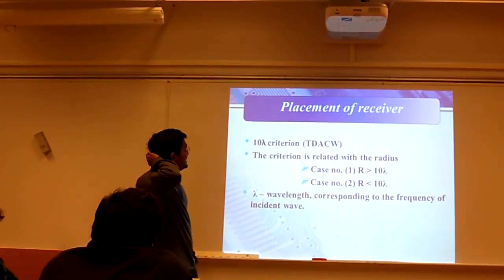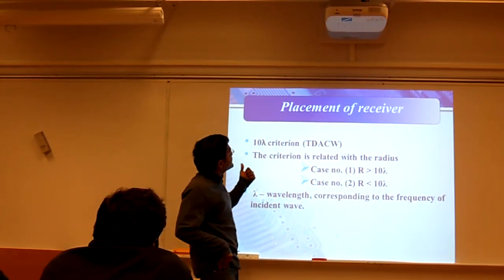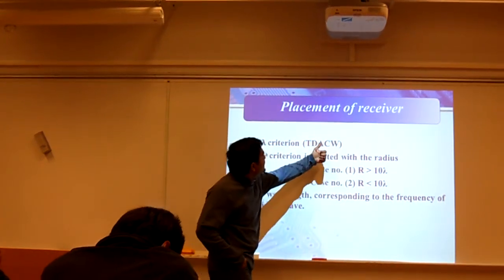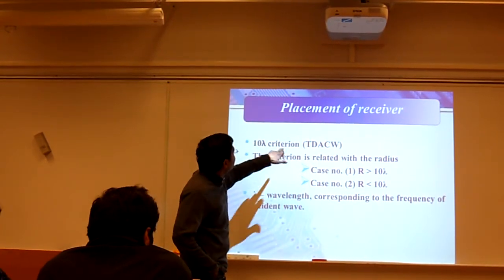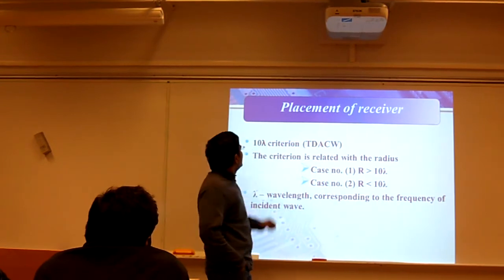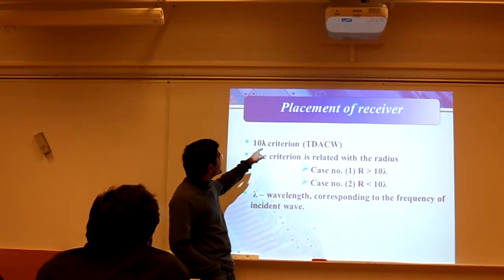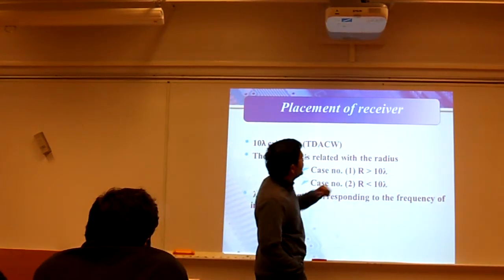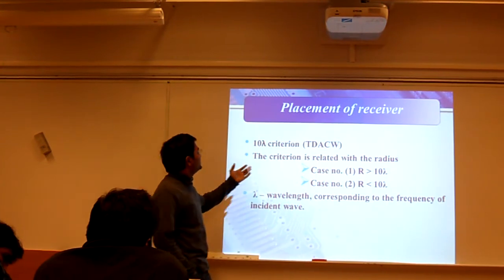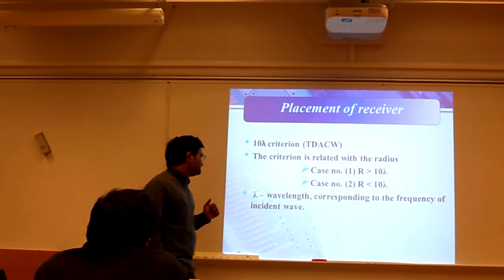And this is mainly defined from the 10 lambda criterion. Actually, the studies have been done in the time domain analysis of the creeping wave. The 10 lambda criterion is very well described in this paper. First of all, I would like to say why we chose this criterion. This criterion is directly related to the radius, and this is one of our goals to achieve in our project.